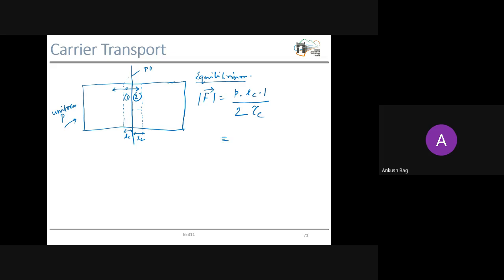Now further, if we simplify, this is the carrier density or hole density, and this is the LC by tau c, which is nothing but the velocity. So PV by 2 is the flux. Under equilibrium, the flux coming from left to right, or region 1 to 2, will be equal to the flux going from region 2 to 1.